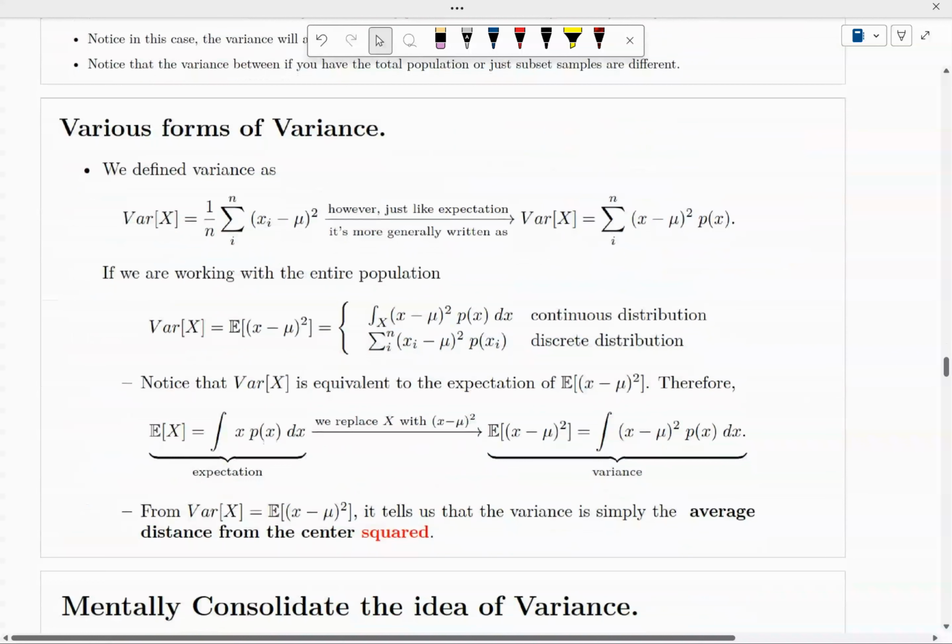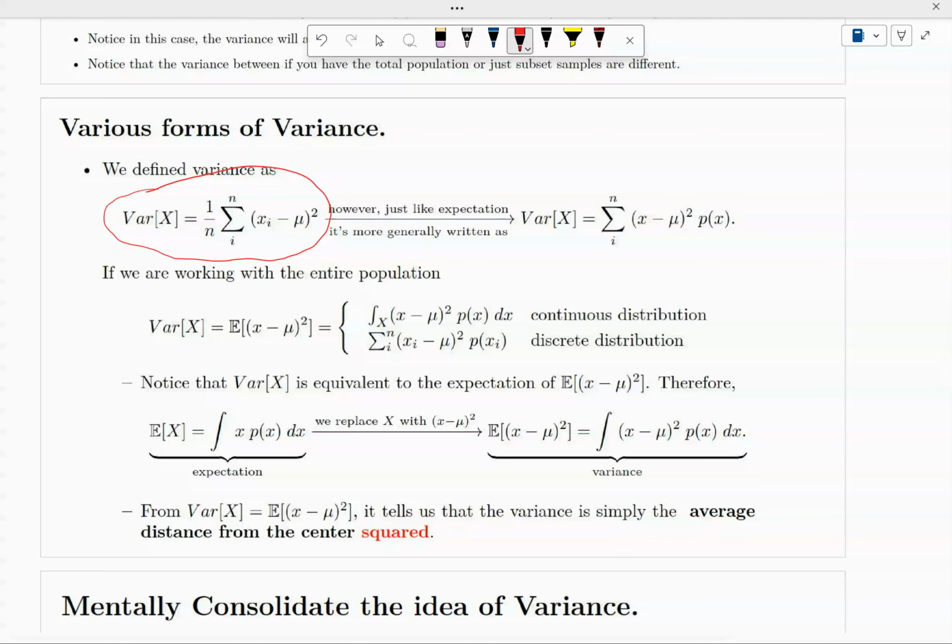Now, there are various forms of variance. We talked about the variance, the way we would write it is Var of X. And with variance, like I said, you want the average squared distance from the center, right? But just like the mean, notice that whenever we're taking the average of something, we can convert it to a probabilistic perspective.